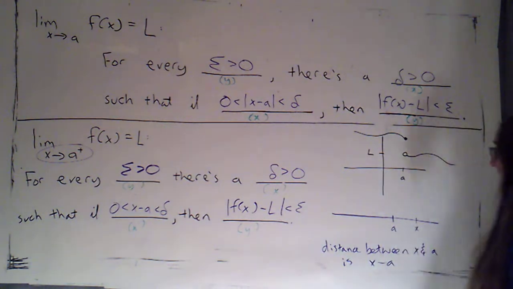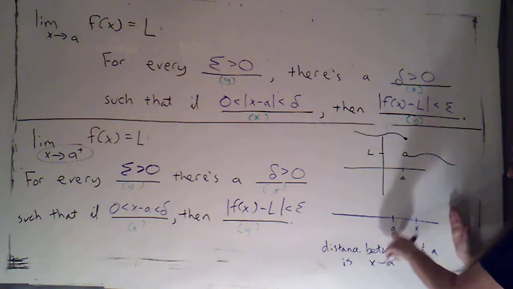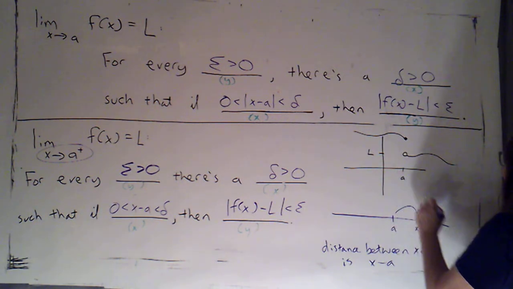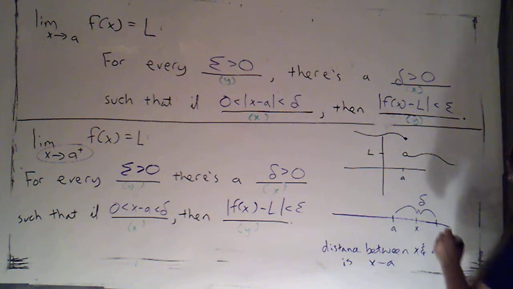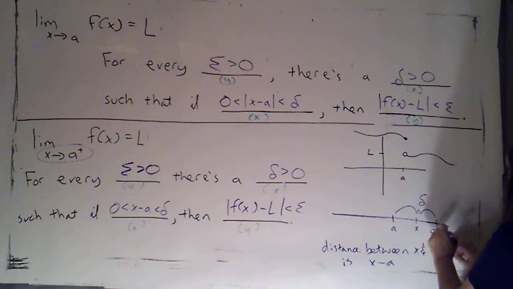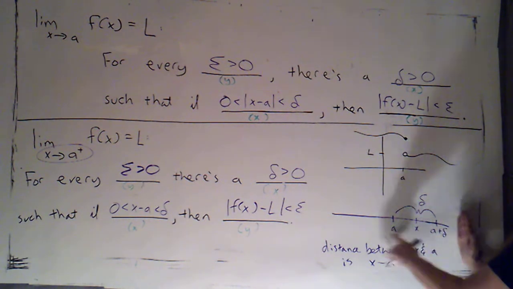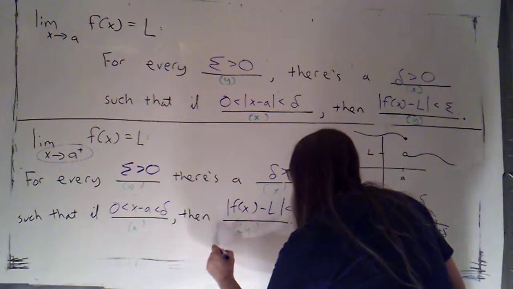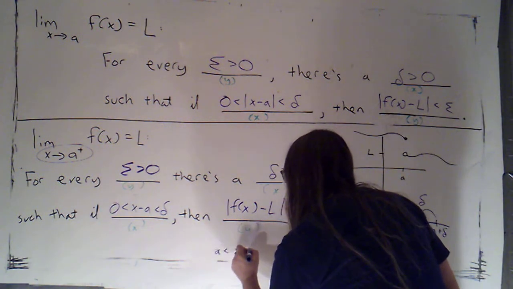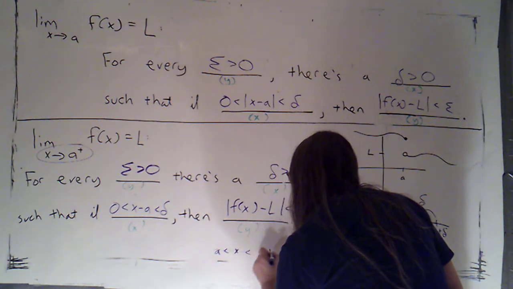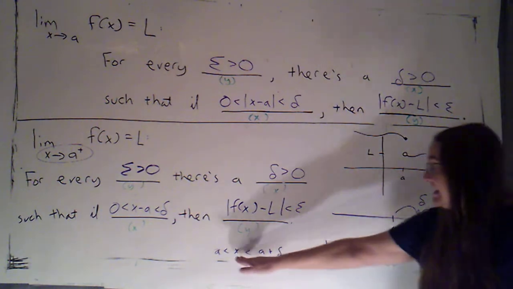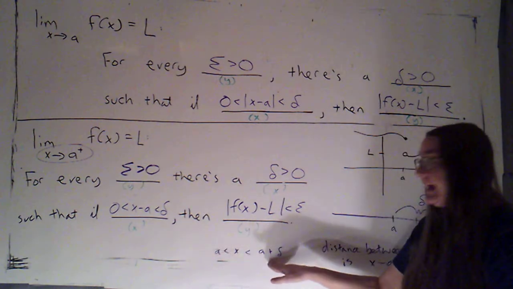Another way I can look at that is that if here's a, and delta is my standard of closeness here, this would be a plus delta. I want to have a picture that looks something like this. So I basically want to have that a is less than x, which is less than a plus delta. X is in between a and a plus delta.